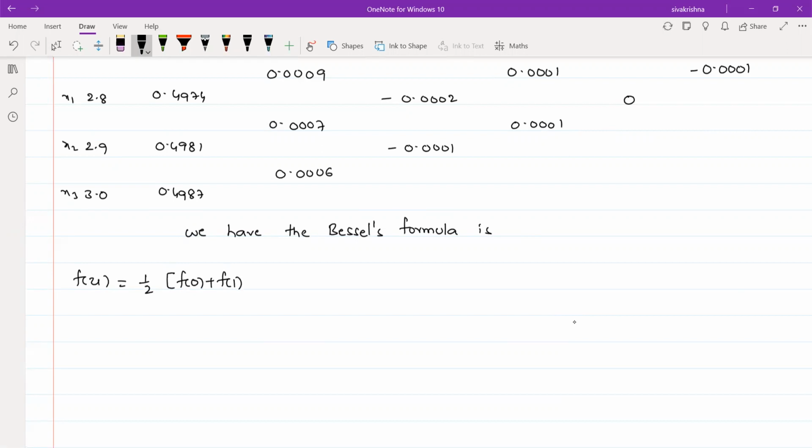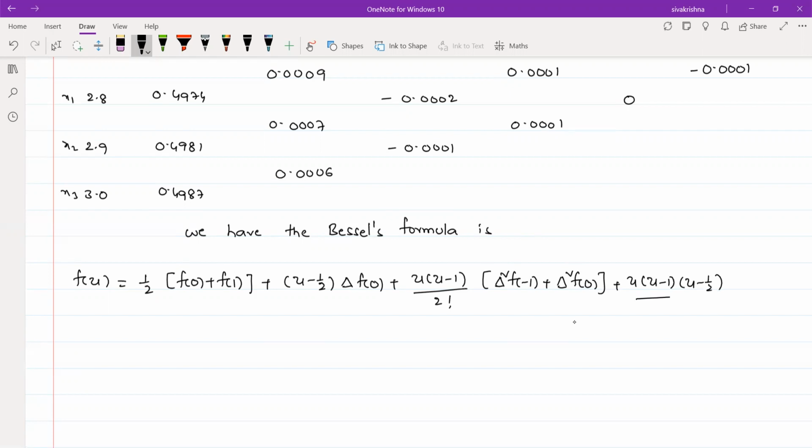Okay, next plus u minus 1 by 2 into delta f of 0 plus u into u minus 1 by 2 factorial into delta square f of minus 1 plus delta square f of 0 plus next one is u into u minus 1 into u minus 1 by 2 by 3 factorial into delta cube f of minus 1.